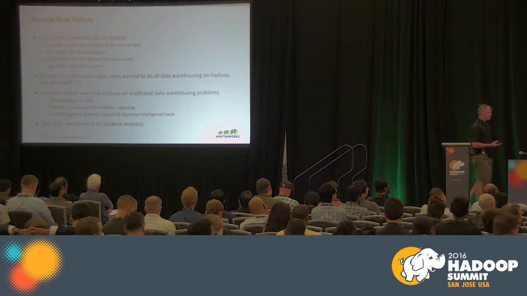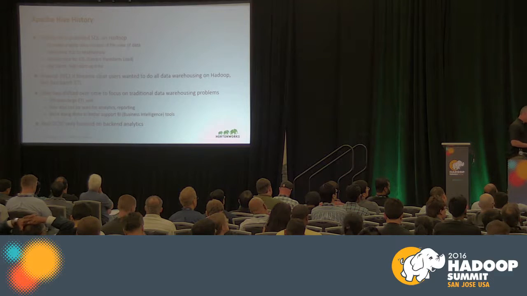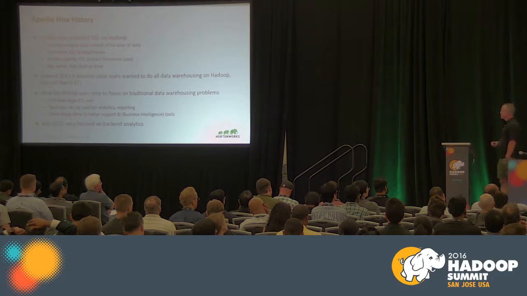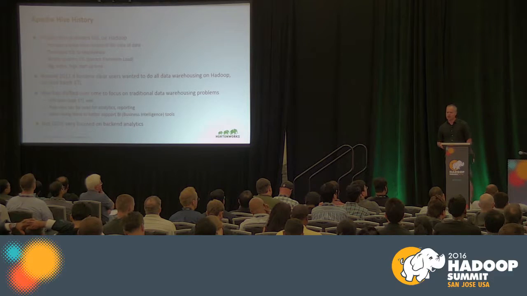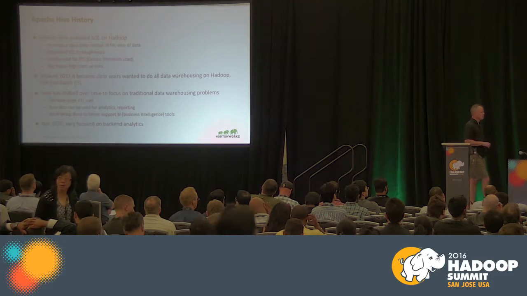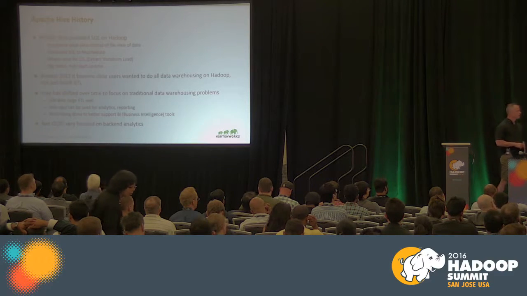About 4 years ago, people started to say, I have all my data, or much of my data, in Hadoop, and rather than just doing batch kinds of things with this, I'd like to do analytics, I'd like to do BI, I'd like to do more real-time kinds of things.